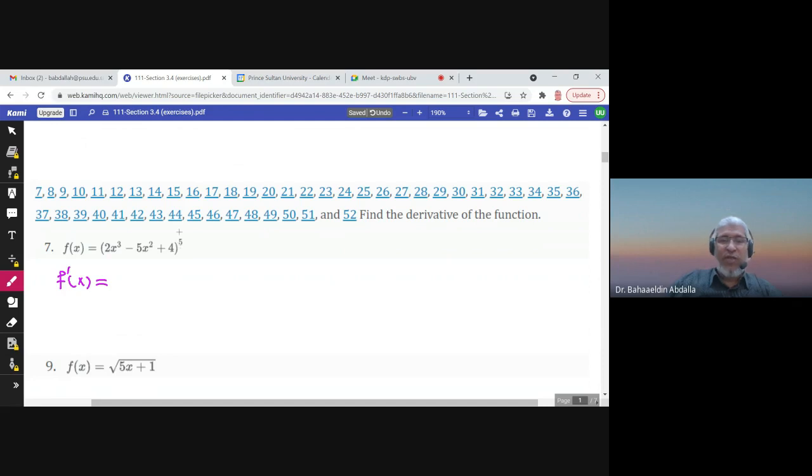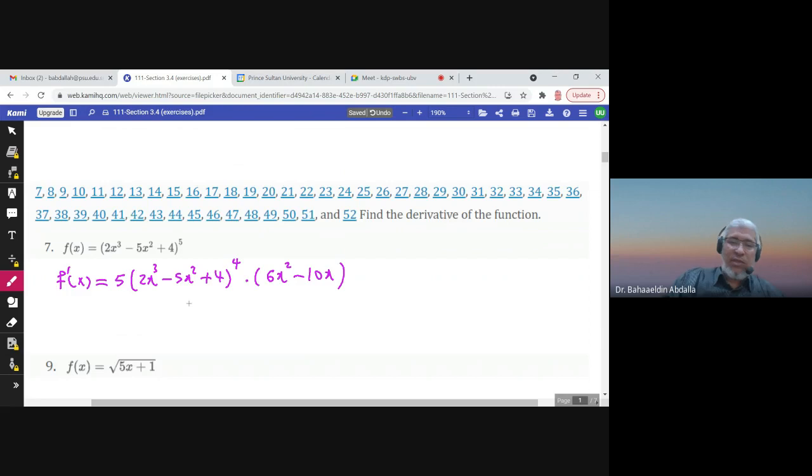So first you find the derivative of the outer function. So 5 times this function, the inner function, to the power 4. So this is the derivative of the outer function times the derivative of the inner function. 2x cubed, the derivative is 6x squared minus 10x.